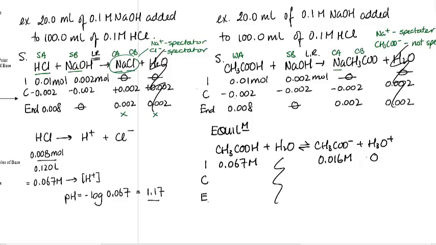And at this point, we assume that there is no hydronium ion present. Because of Le Chatelier's principle, we know that there's going to be an equilibrium established, and there's going to be a shift to the right. So minus x over here, plus x, plus x. And now we got 0.067 minus x, 0.016 plus x, and x.